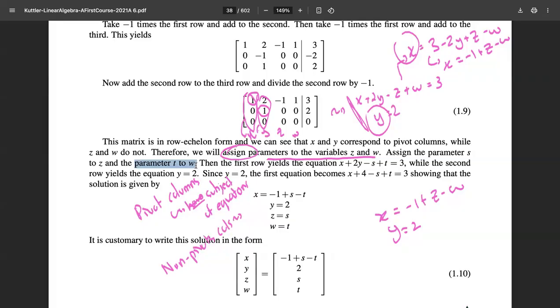So here s and t are going to be my real numbers, or you can say s and t are real numbers written down in words.